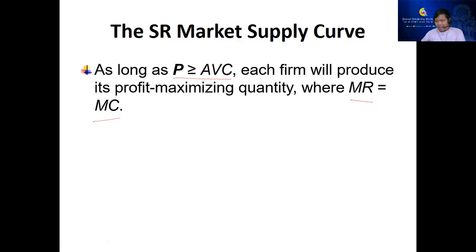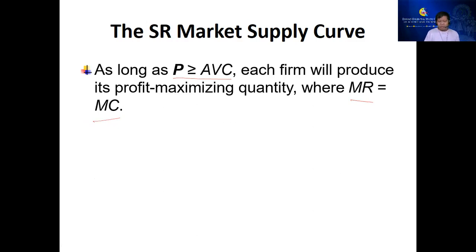Diha nga portion pataas, if the marginal revenue is greater than marginal cost, ginansyado. But diha sa marginal revenue equals marginal cost, naa ang profit maximizing quantity. So diha atong basihan mo-increase ta gamay based on marginal revenue equals marginal cost. Pero kung ang marginal revenue nimo ubos kumpara sa marginal cost, lugi na gyud na, no? So mag-supply lang ta kung ang price is greater than average variable cost.